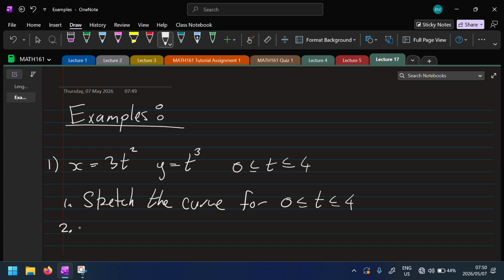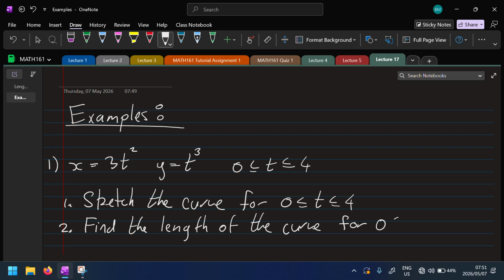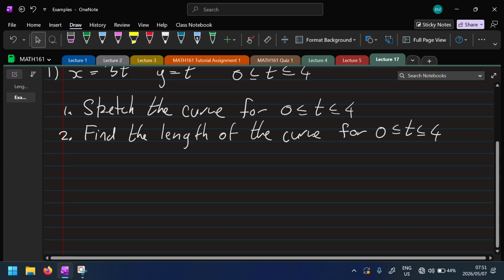Okay, and then number two, find the length of the curve, that section from 0 to 4. So the first part you're going to do for homework, we're going to do the length.